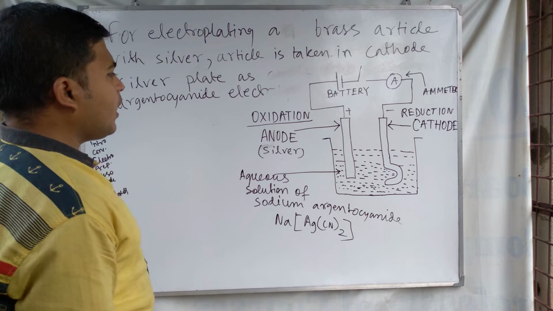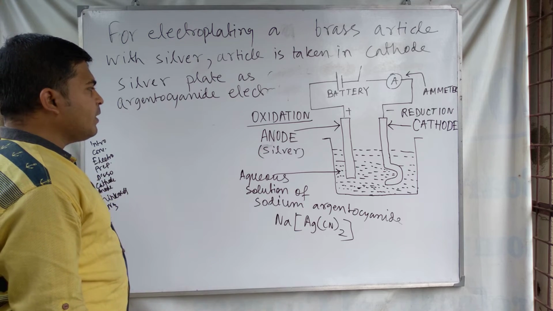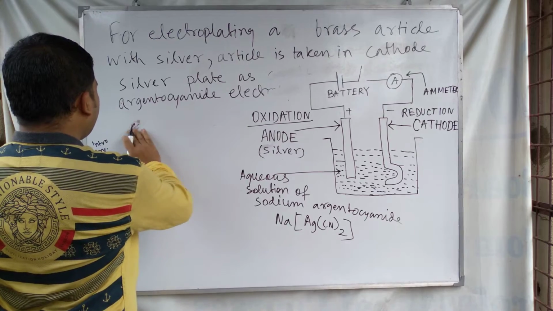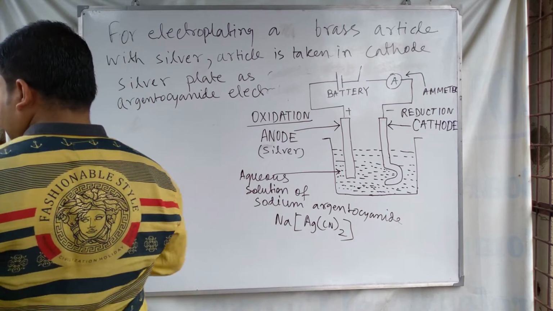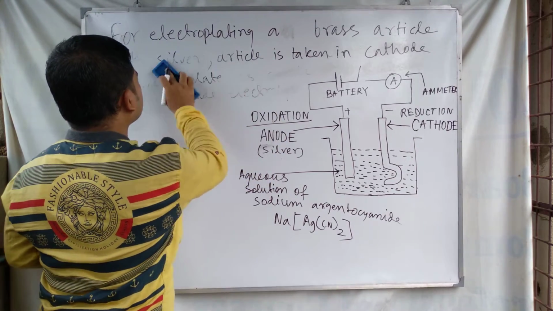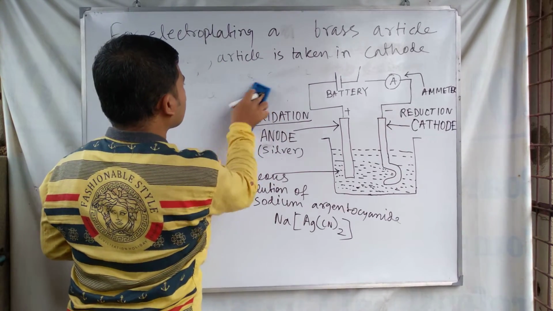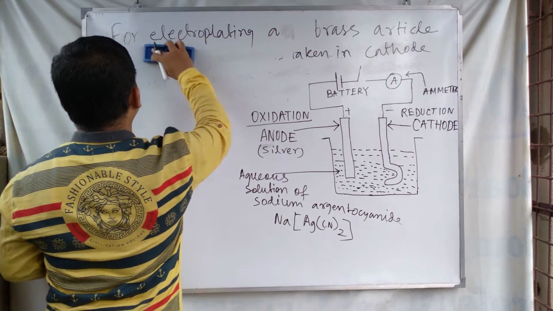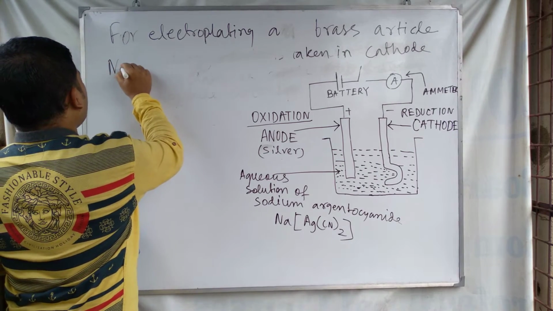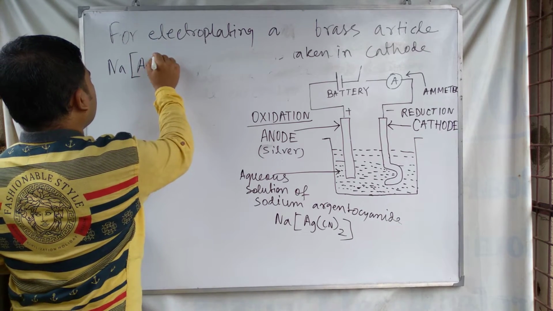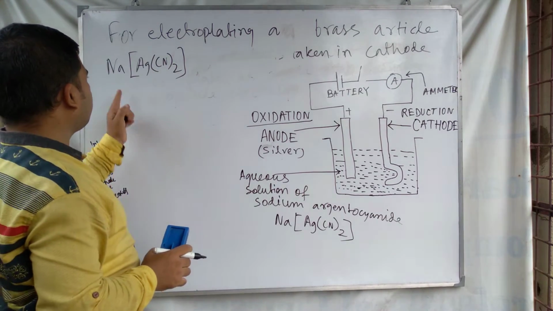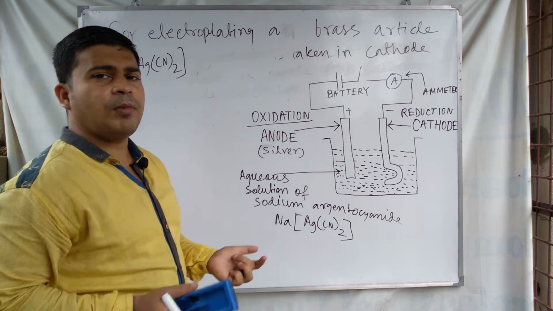Right now we have to discuss the electrolyte that we use. This one, NaAg(CN)2, is the electrolyte sodium argentocyanide, or you can take potassium argentocyanide also.